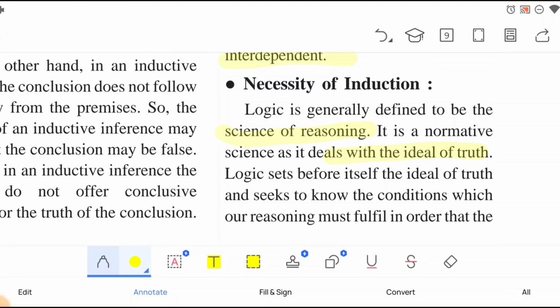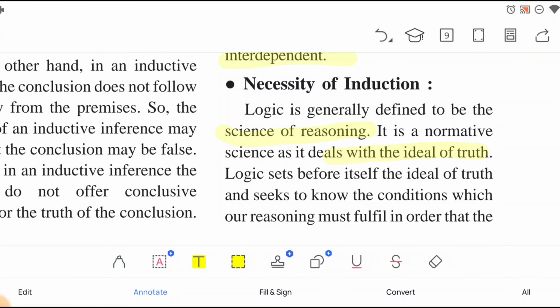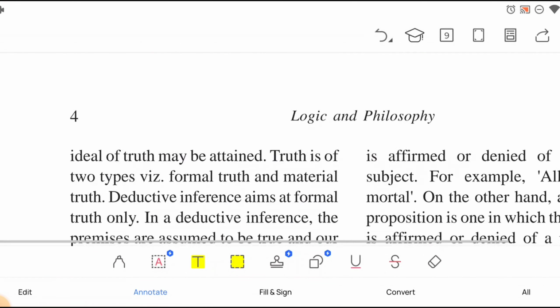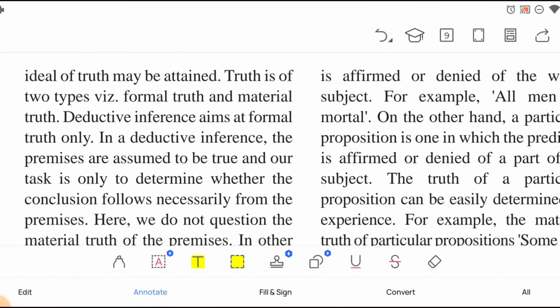To attain the truth is the ideal of logic. That's why it is called as normative science. Logic sets before itself the ideal of truth and seeks to know the conditions which our reasoning must fulfill in order that the ideal of truth may be attained.